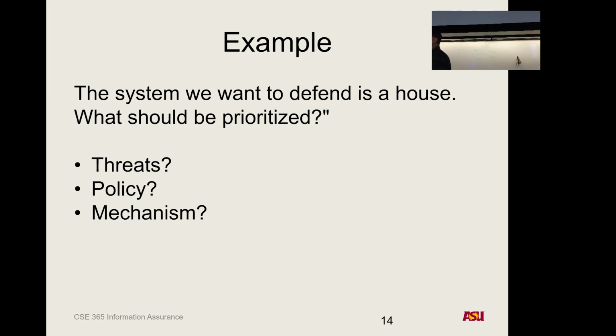In order to defend your home, your house, what do you want to set up or analyze first, from the threat or policy and mechanism? What do you want first? Yeah. You want to make sure that unauthorized people cannot get in your house.